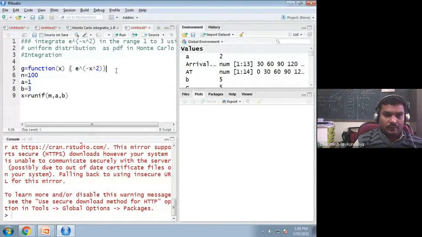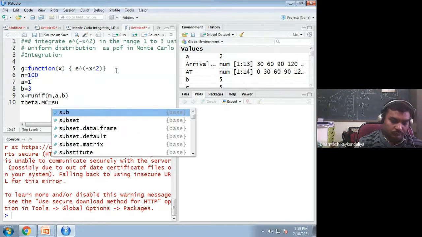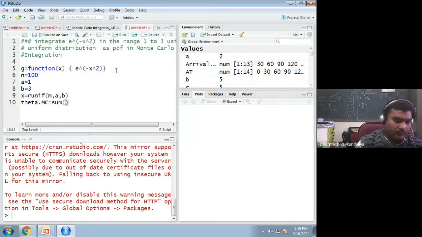So after this, what is our approach? We develop the theta dot mc as the sum of. Okay, let us not go directly.